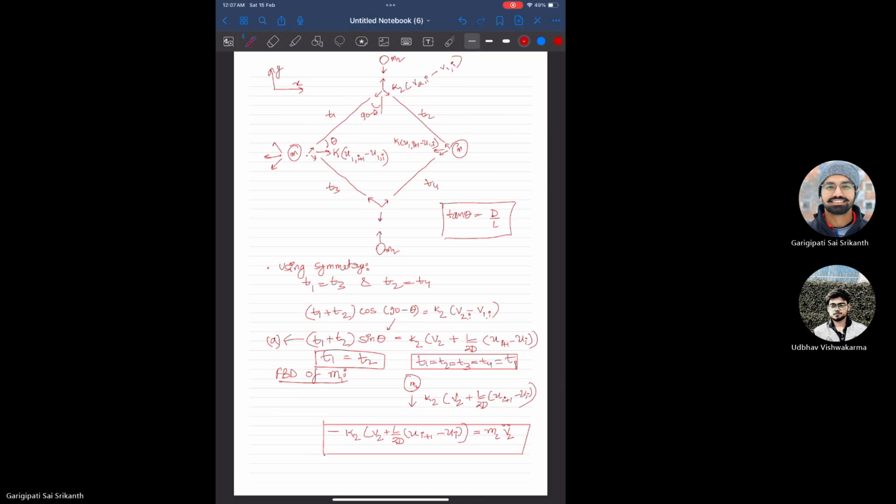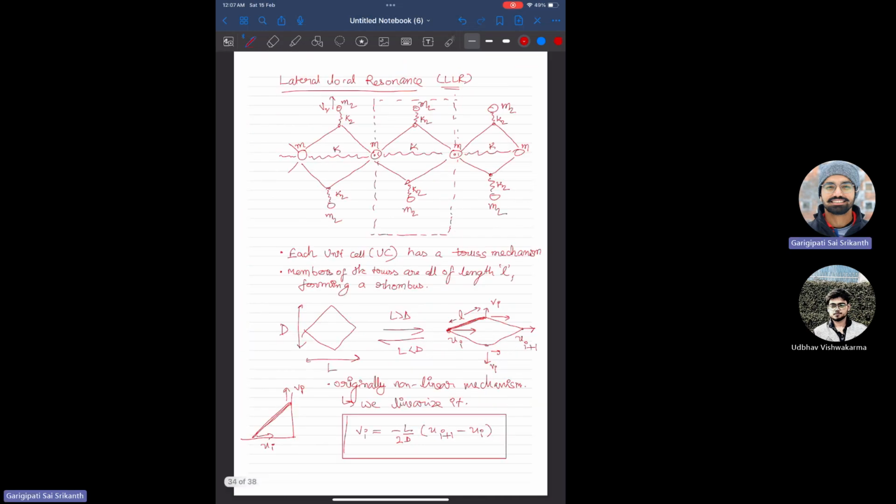So this mass M2, although it can move, if we say that M2 is constrained in the vertical direction, then what happens is that if the lower point of the spring K2 moves, then the spring will get elongated.